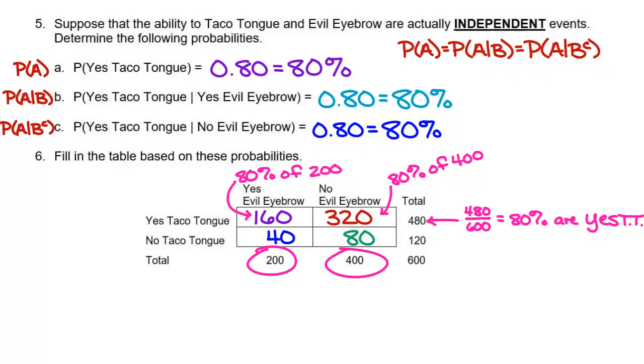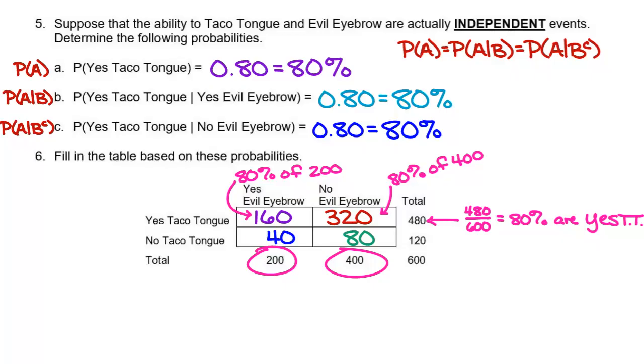So how can we tell from a two-way table whether or not events are independent? We just made and forced this two-way table to be independent. But if I was given a two-way table, how could I use that to see if the events were independent? The percents are equal.